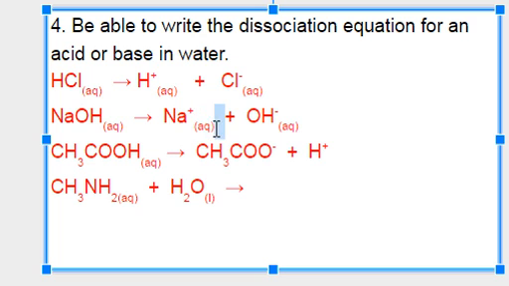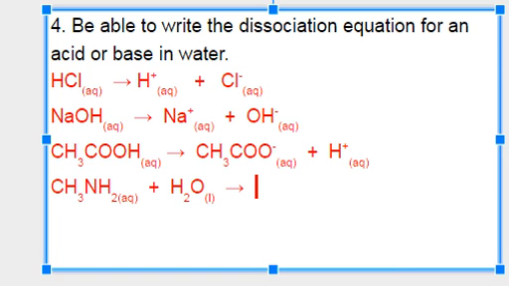So for these first three, you simply have the acid or base just being pulled apart into the two ions, into your cation, your anion, for the acid and base. So those are pretty straightforward. And then my weak base is slightly different because now if I try and pull it apart, there's not an H to take off here. The carbon hangs on to its hydrogen, the nitrogen hangs on to its hydrogen.